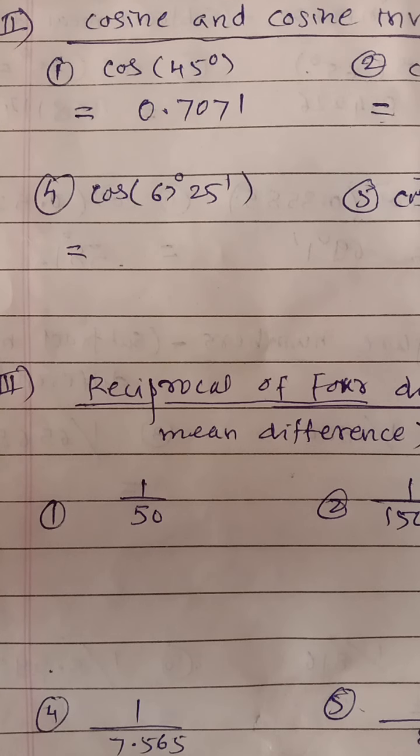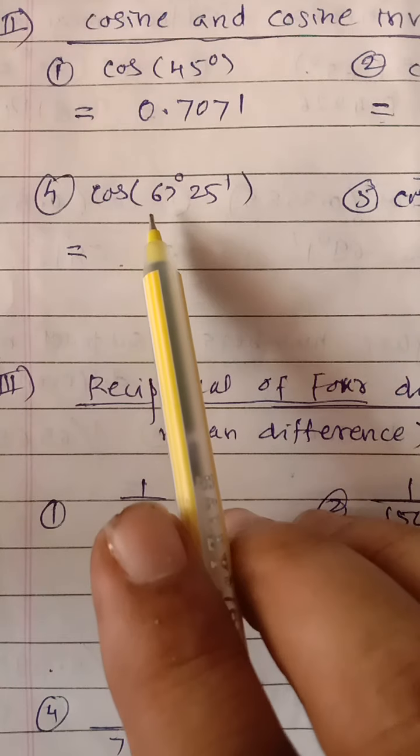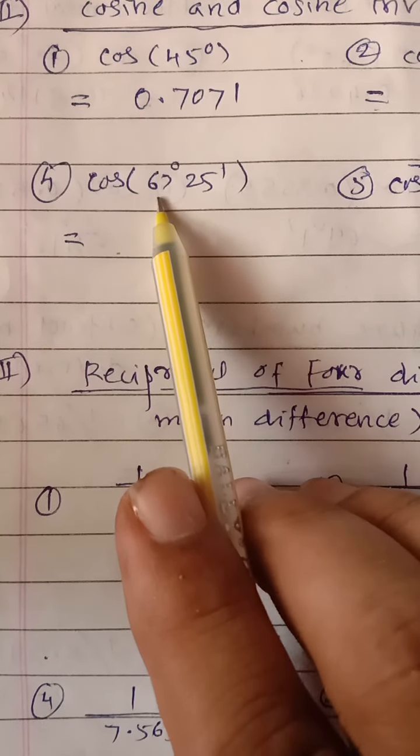Similarly we will find cos of 67 degree 25 minutes. Again we will find 67 degree from the degree column.